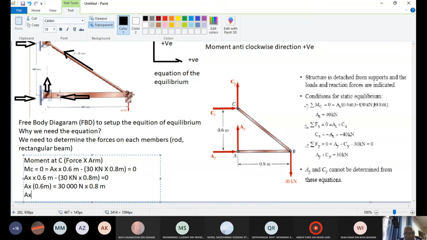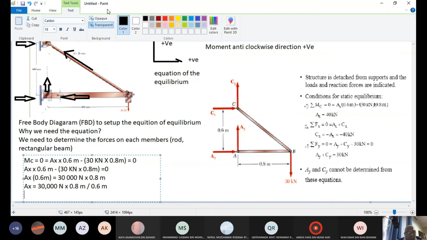And then Ax will be equal to 30,000 Newton times 0.8 meter divided by 0.6 meter.